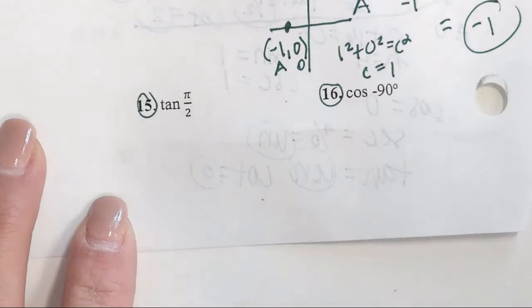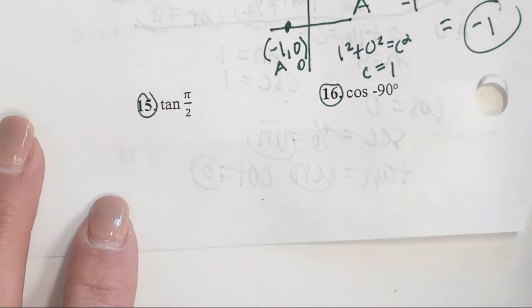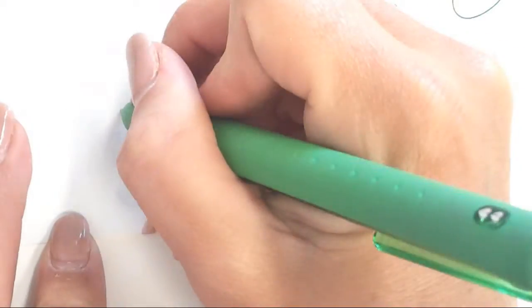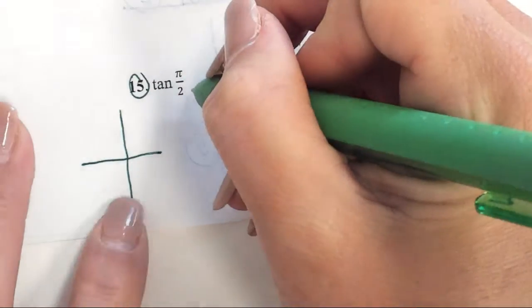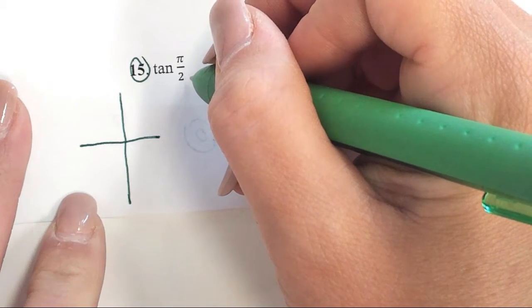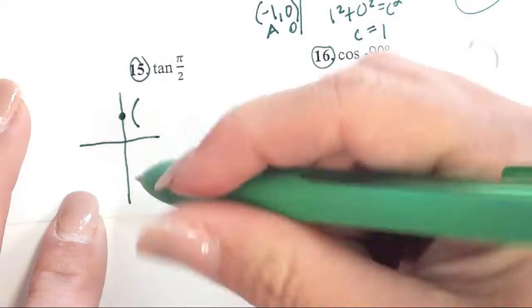Anybody want to share their answer for number 15? I heard 0. I heard undefined. Any other ones? Alright, let's draw it out. Where this is pi over 2, which is what? Okay, where is 90 between? Good. Right here. What's this coordinate point?